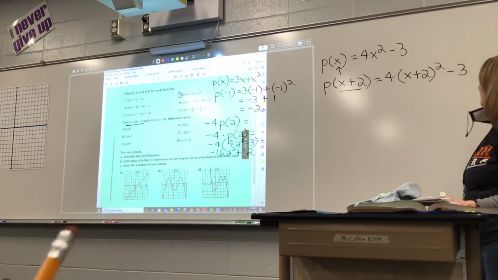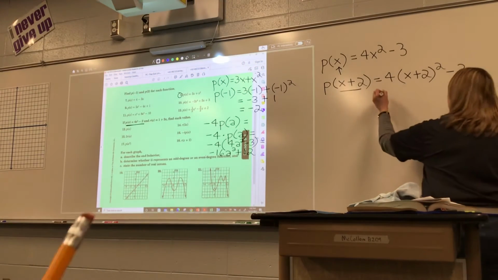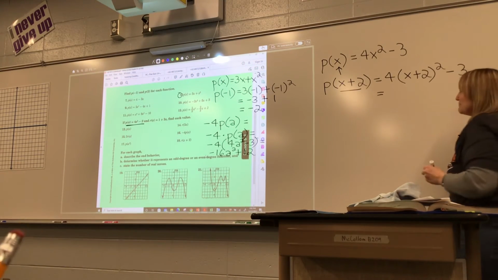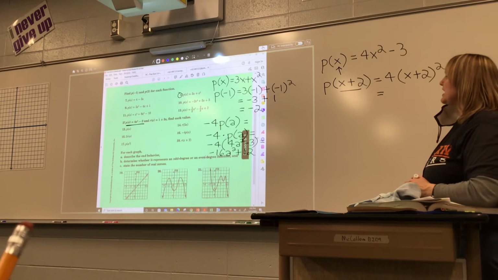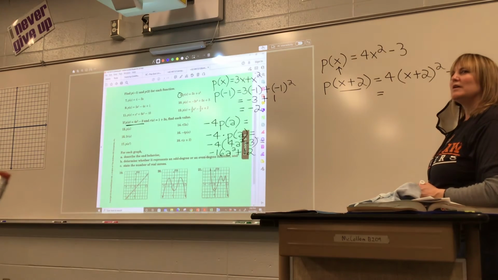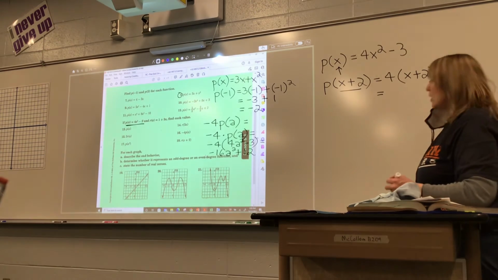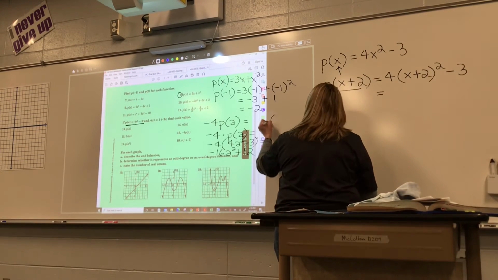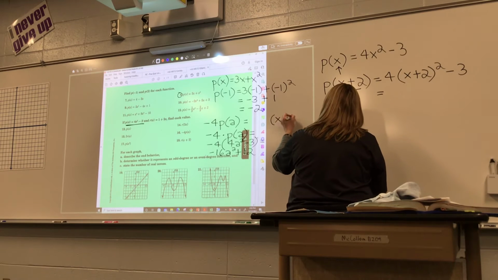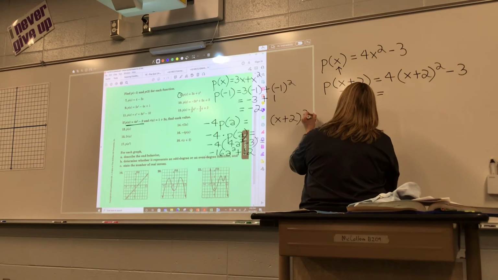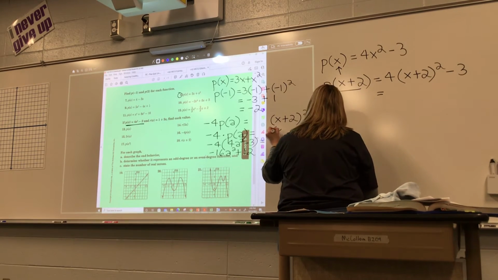What do you think, Jake? If you square the quantity x plus 2, Elijah. Okay, the quantity x plus 2 squared literally means there are 2 factors of x plus 2.